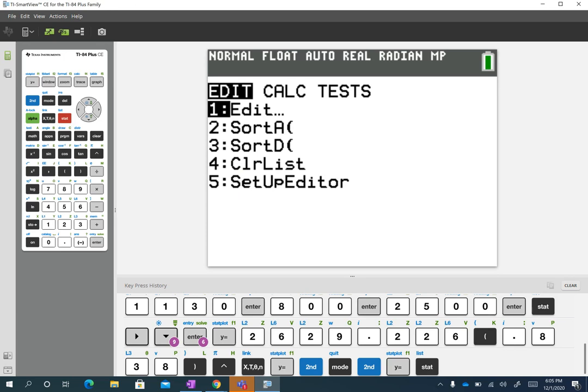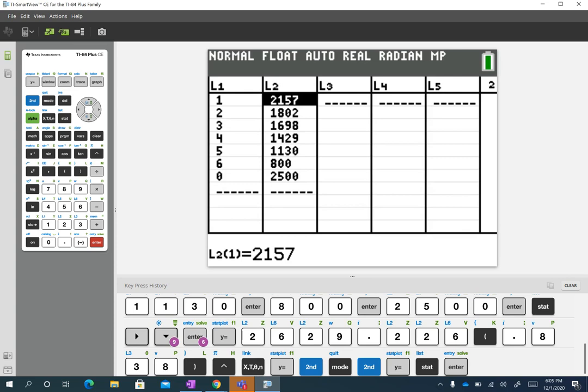You're going to choose edit, so choice number 1. And then you're going to go ahead and enter the day number into list 1 and then the bacteria into list 2. Notice again, I've already done that, but you can certainly follow along for yourself. Notice I also included the 0, 2500. And remember, you don't have to put the data in order. So I put it at the end, which is perfectly acceptable.